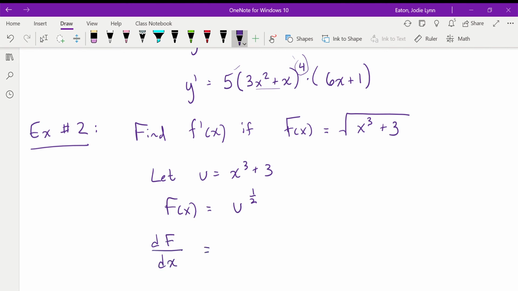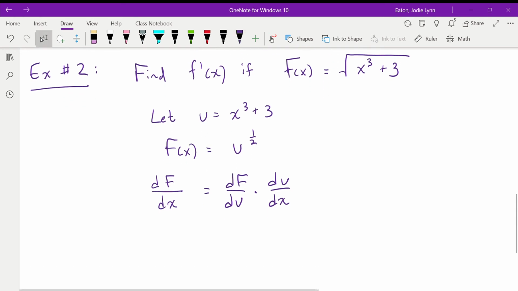So F prime of x is going to be equal to dF/du, so we're going to take the derivative of the function with respect to u, times du/dx. If we look back up there, we've got F of x equals u to the 1/2. So this is equal to 1/2 u to the negative 1/2. We're just taking the derivative of the function as if the u were the only variable. Now, we're going to multiply it times du/dx.